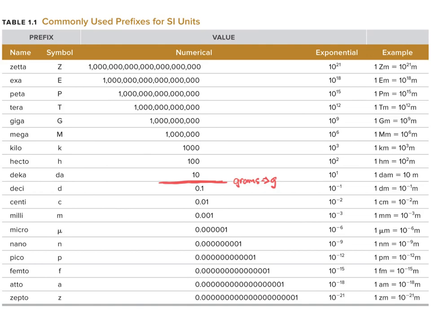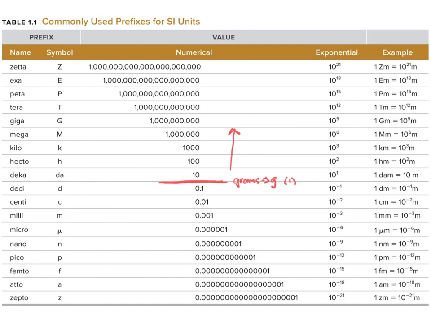So this would have a multiplier of 1. If I go in this direction, I multiply my unit by 10, 100, 1,000, and so forth. And so each of these prefixes multiplies the base unit by a certain amount.